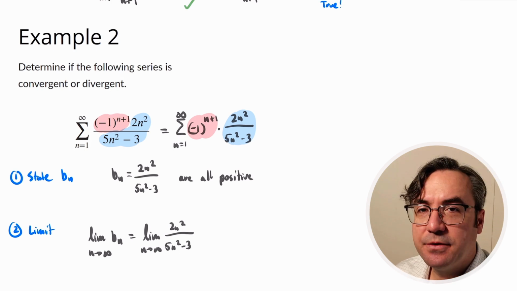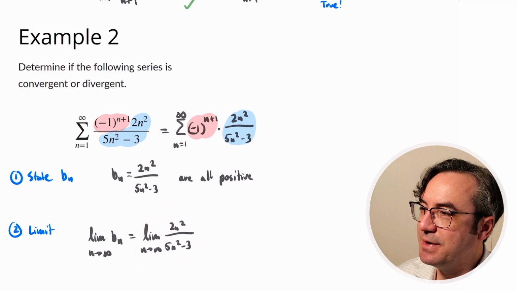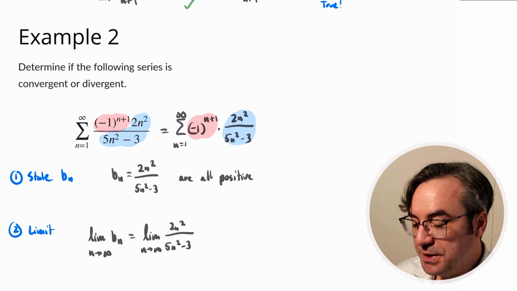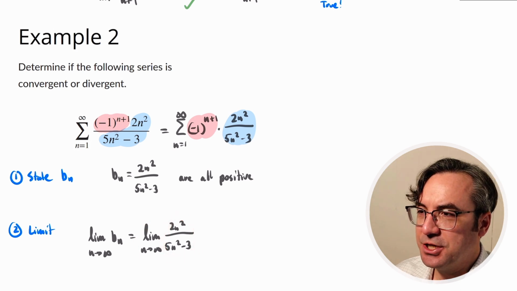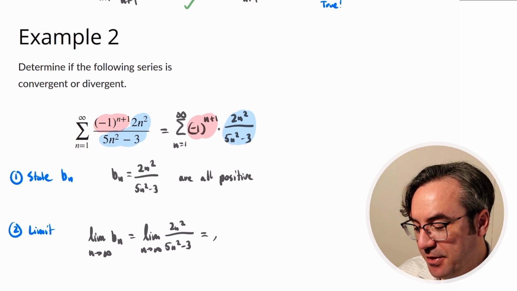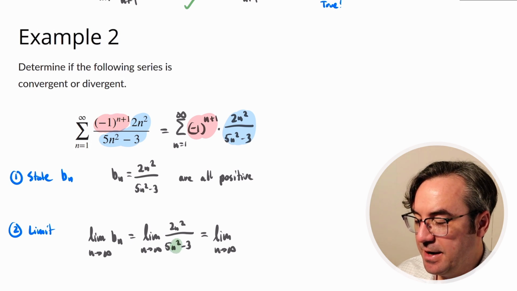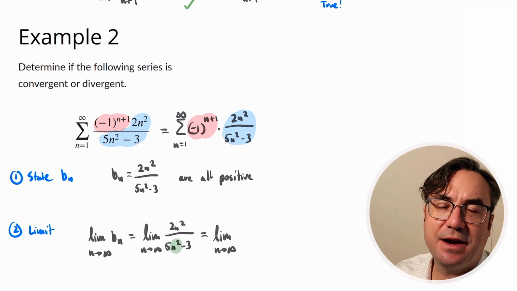And let's calculate this. Now this one's a little bit more involved than the previous one, so we have to do more work. We see that this is a rational function. So we can use our common strategy, our x to the n method. And we just pick out the biggest power of n in the denominator and then just divide everything by it.